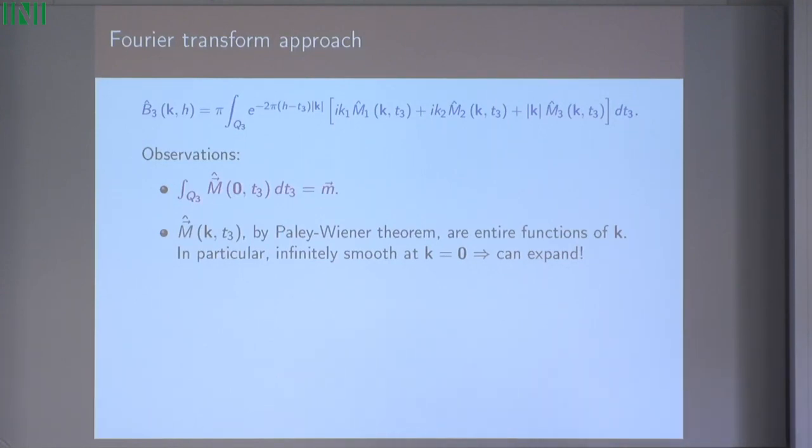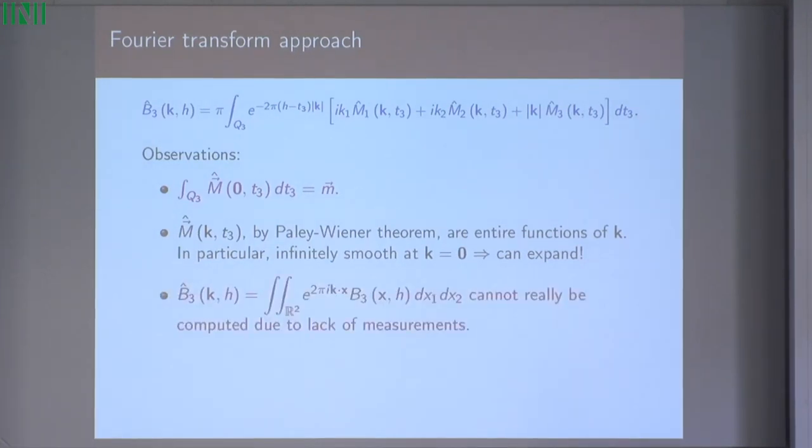Fourier transforms of magnetizations are entire functions. This is totally justified. The only trouble with this is that on the left-hand side, in order to compute the Fourier transform, we need to know it everywhere in the plane, but we measure again only in a finite area.